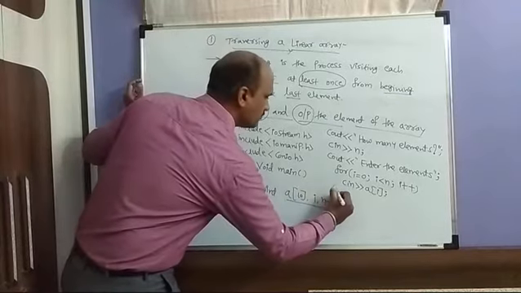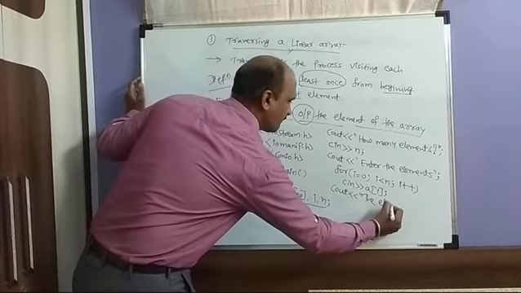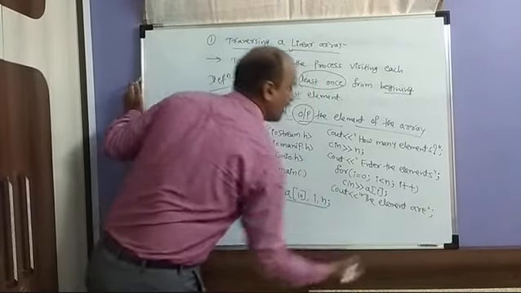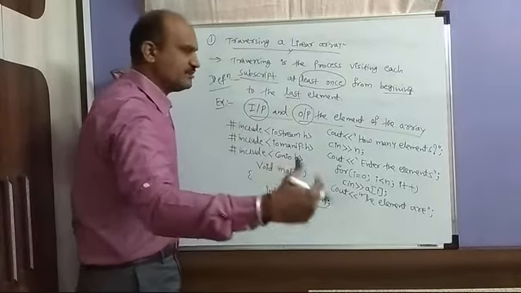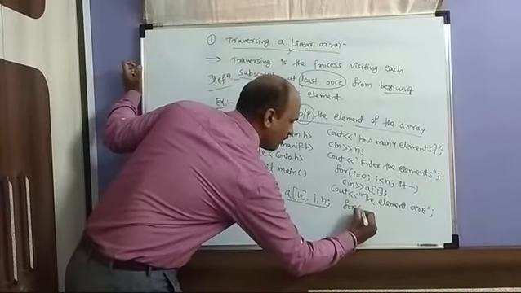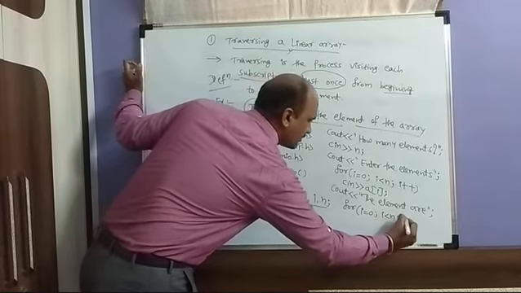Then cout, the elements are. Again there should be a for loop, because each element has to be printed. For i equal to 0, i less than n, i plus plus.